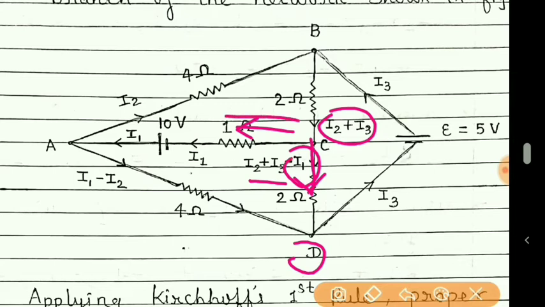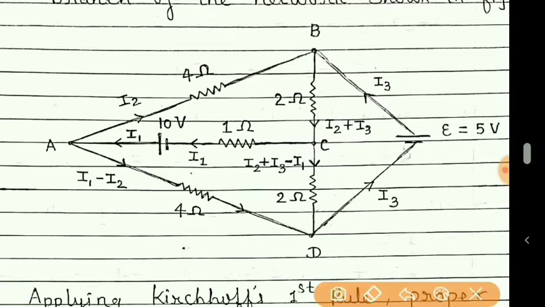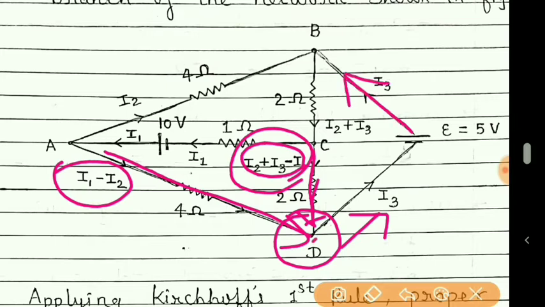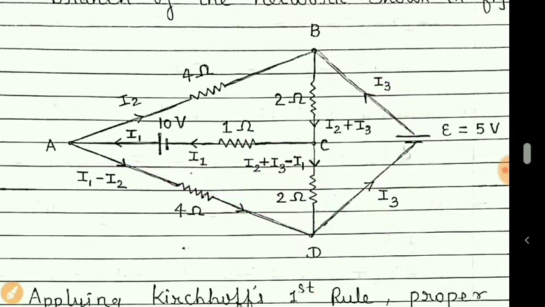This current moves towards point D, and this current also moves towards point D. Both are meeting at point D. So you can add them and you will find that it is I3 only. And so we can say that I3 is coming out of the battery and I3 is moving into the battery. So this type of distribution is done in a network.